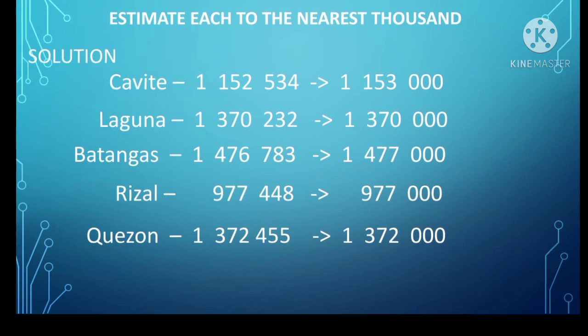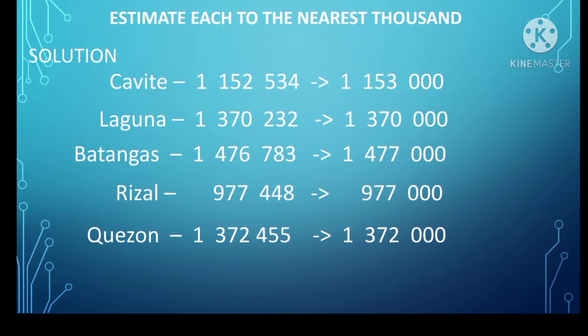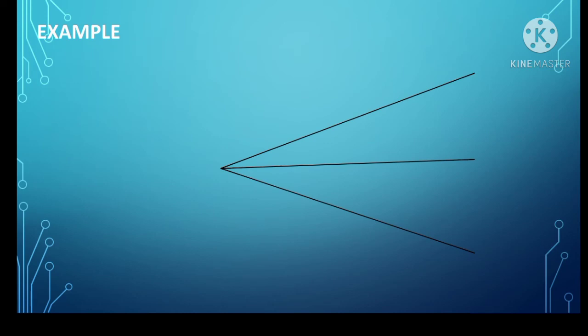Since the value of the nearest thousand is 2, and the number right beside 2 is 4, which is less than 5, so from 1,372,455 to 1,372,000.